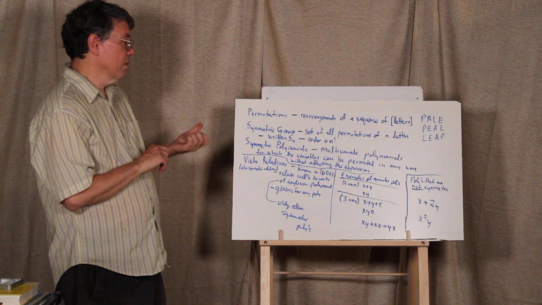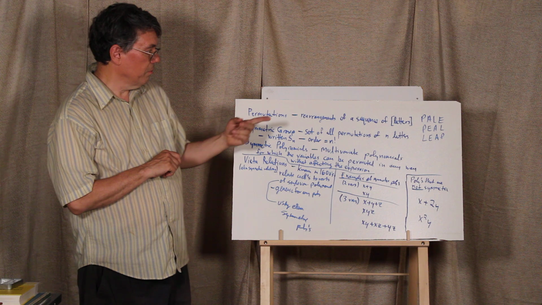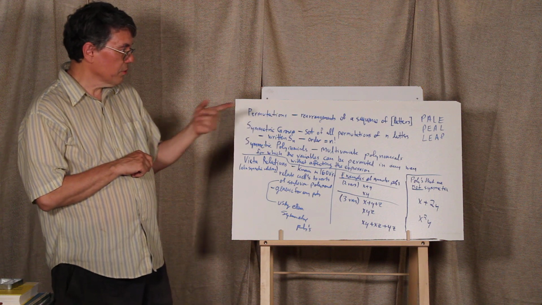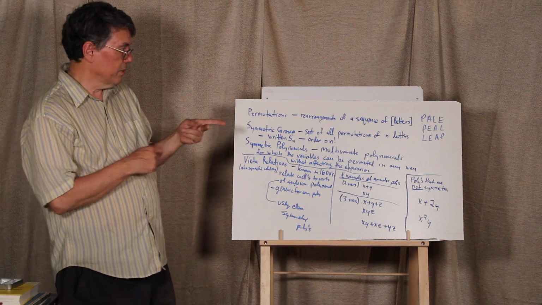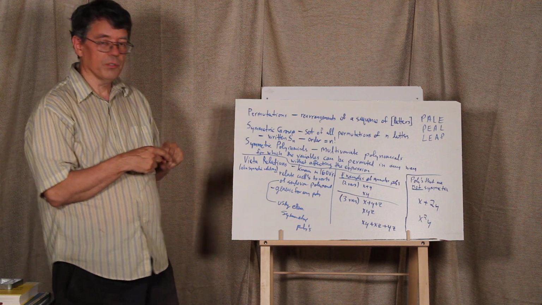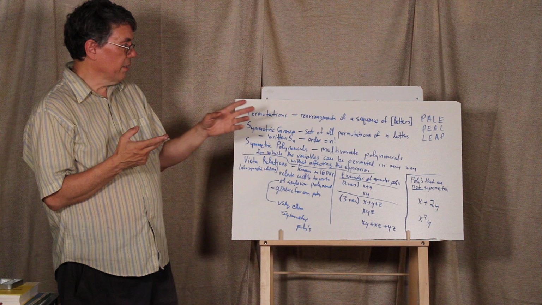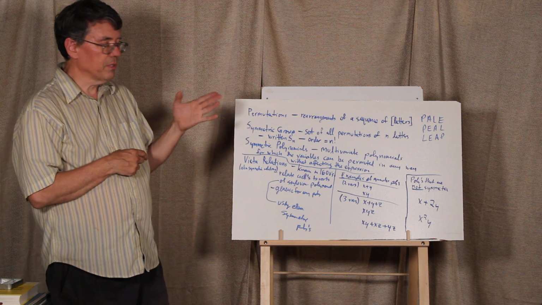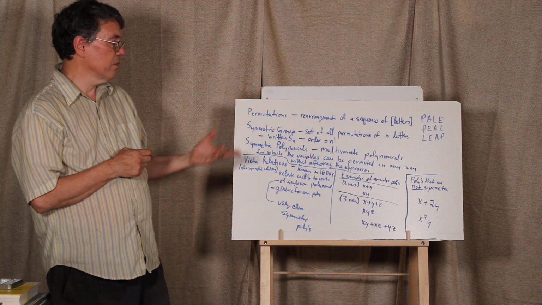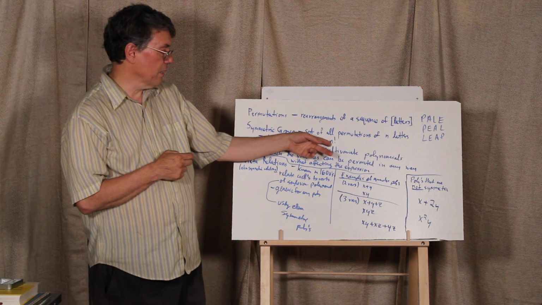Why is that? Well, in this example, we have 4 letters. For the first letter, you can just pick any one of the 4. For the second letter, you can take any one of the remaining 3 and put that in the second position. For the third letter, you can take either of the remaining 2 and put it in the third position. So you have 4 times 3 times 2 possible choices of how to rearrange those letters. That's equal to 4 factorial.